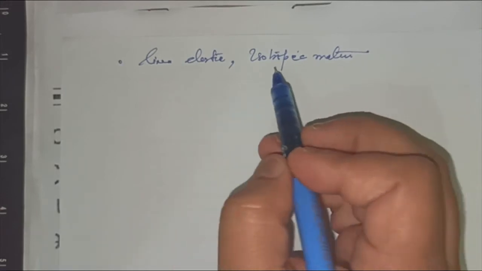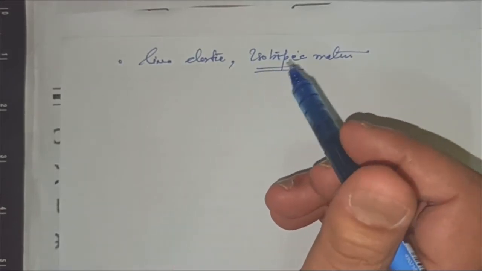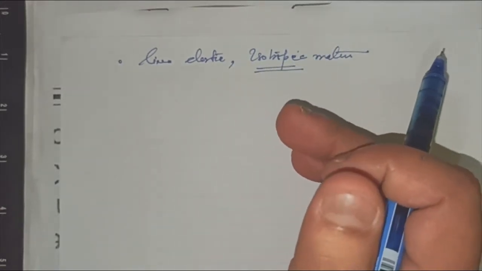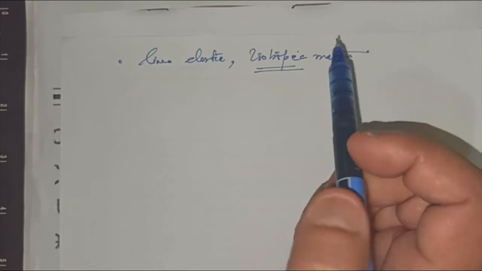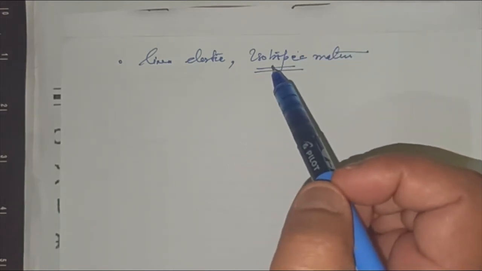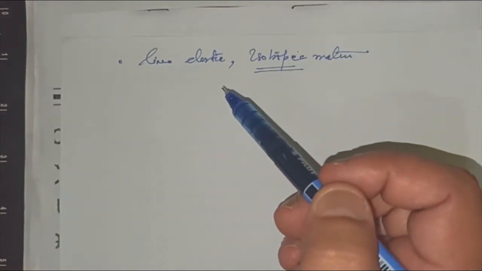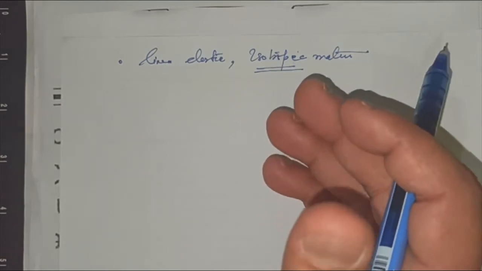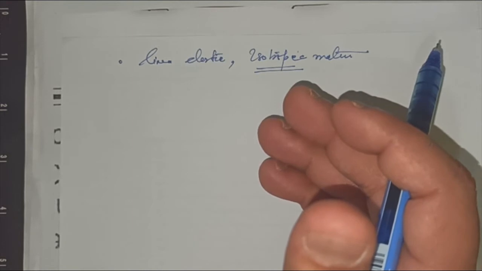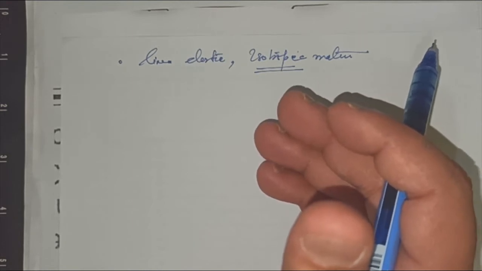Isotropic material means the properties will be the same in all three directions along x, y, z. Linear elastic isotropic material is the most common material that we use in day-to-day life.